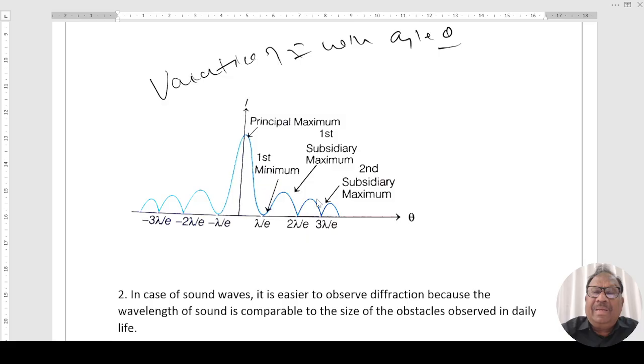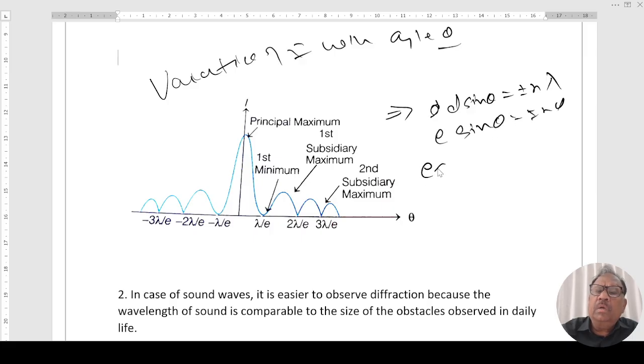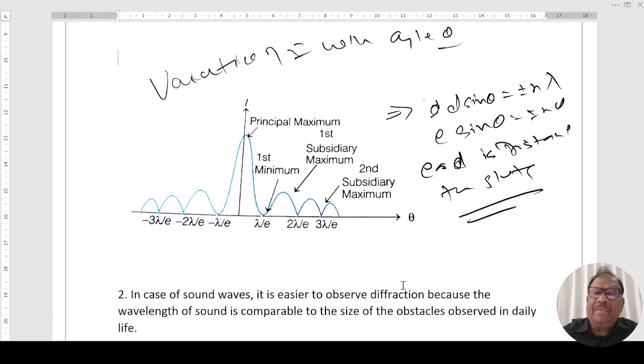Intensity goes on decreasing, and the relation for the zero intensity locations is d sin theta equals plus minus n lambda, where d is the slit width, the distance between the slit edges. In this way, it will go on decreasing.